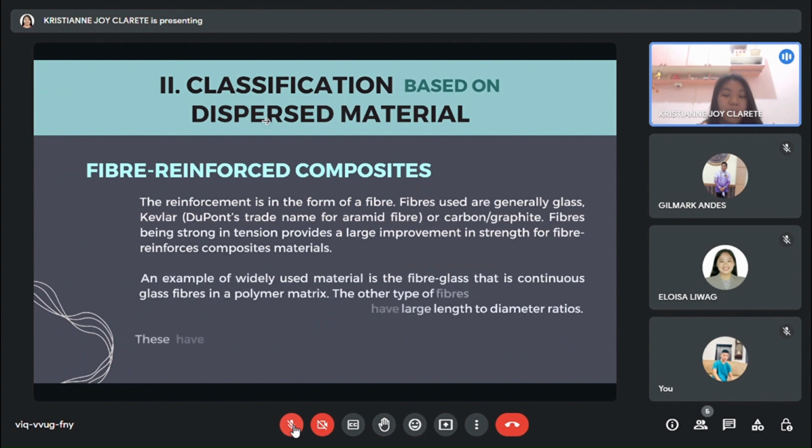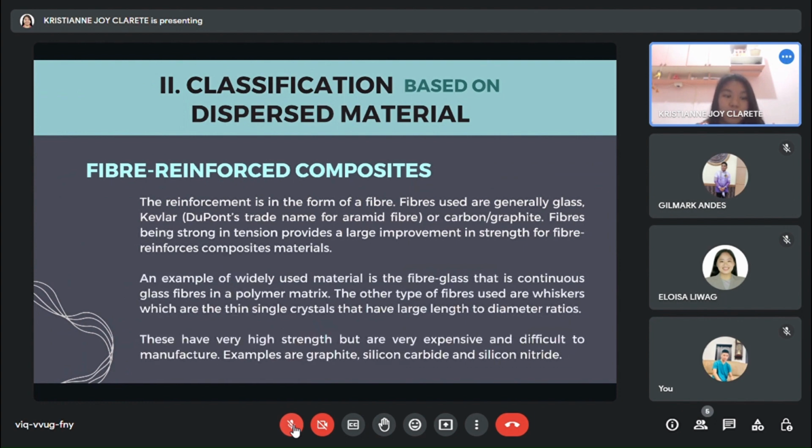Next, we have fiber reinforced composites. The reinforcement is in the form of a fiber. Fibers used are generally glass, Kevlar, DuPont's trade name for aramid fiber, or carbon graphite.